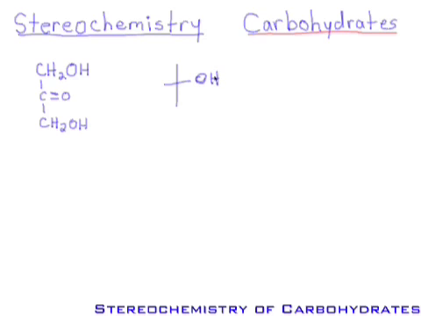Now, in D-glyceraldehyde, the OH is drawn to the right when the carbonyl group is at the top. Therefore, if the chiral center furthest from the carbonyl group has the OH to the right, it is a D sugar. This is D-glyceraldehyde.